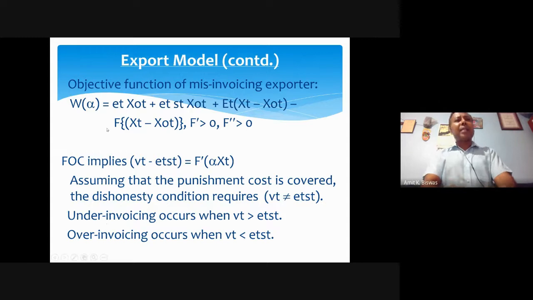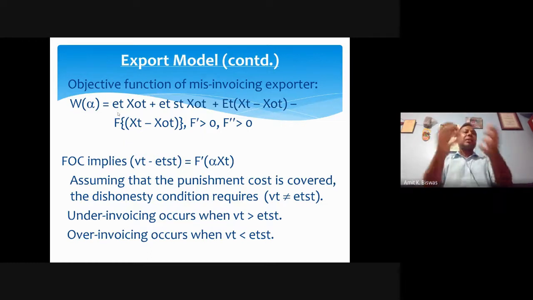So what does he or she gain if someone misreports? Let XOT be your official value of export. You go to the RBI and declare, look sir, I have exported $800 of goods to the US.